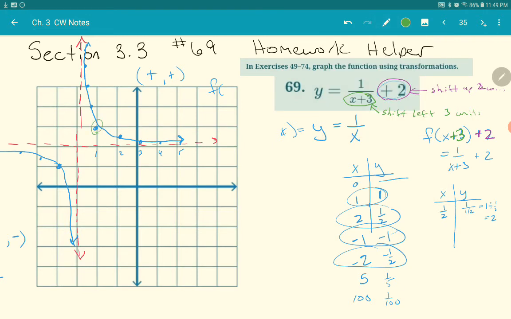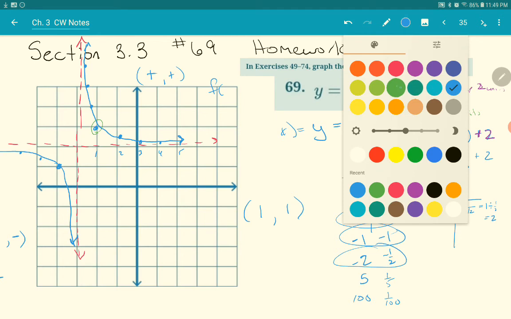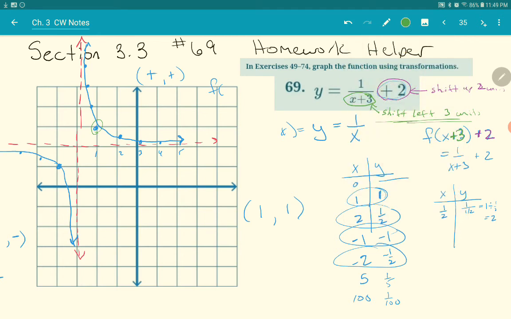I can pick this point and know that that point used to be at 1, 1, and now it should be, I'm going to write that in blue. The point that was at 1, 1 should go to, the x will go left 3, so 1 minus 3 is going to give me a negative 2. And the vertical shift, I have plus 2, so y should increase by 2, and I end up with 3.